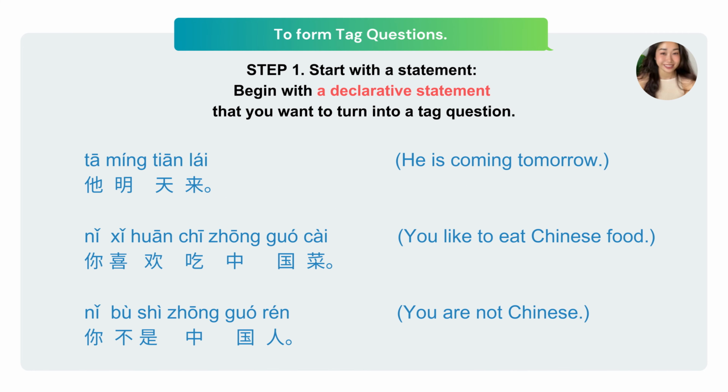For example, the first sentence, 他明天来. And the second one, 你喜欢吃中国菜. The third one, 你不是中国人. All these sentences, we call it declarative statement.